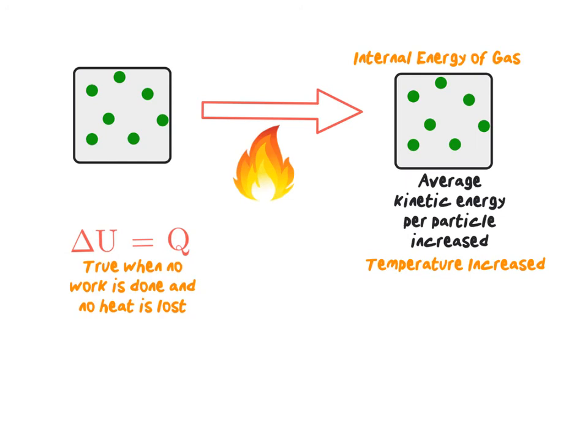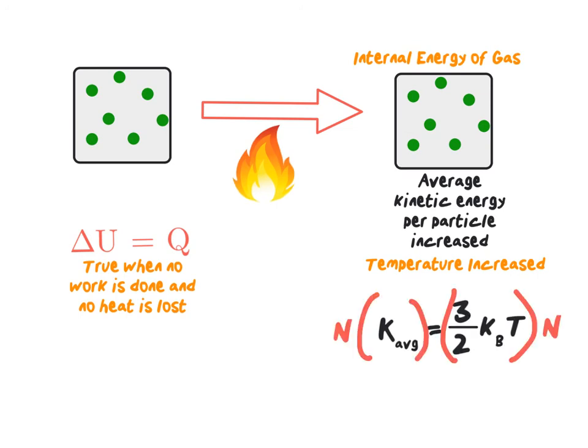So if I take this equation, average kinetic energy is equal to 3/2 k_B T, then multiplying it by N would say this now is the internal energy of the gas. So instead of just focusing on the average kinetic energy per particle, I focus on the total energy for the entire gas, which should equal the amount of heat added to the gas.